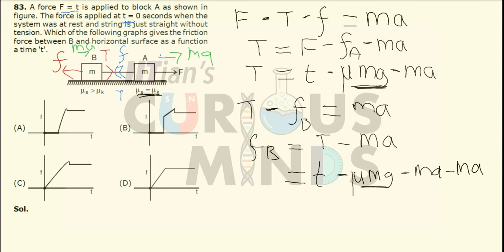Now this can be written as t, that is the value of the tension, minus mu mg, which remains constant. Let me write this constant as C, minus 2ma. 2ma can be written as m dv by dt. This is the value of the friction force.